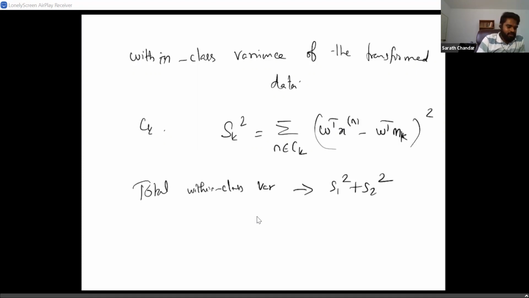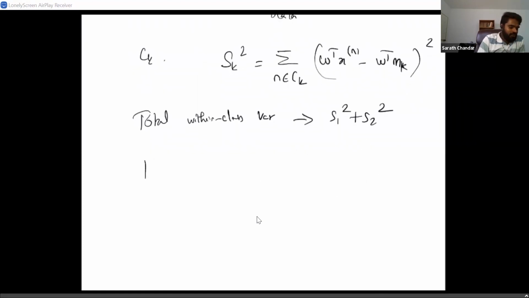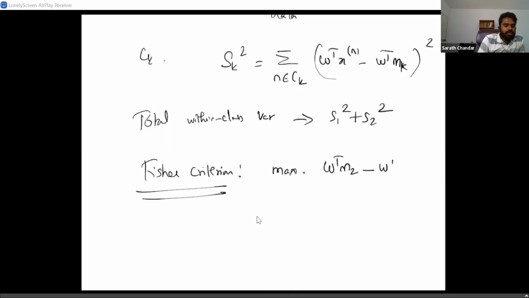Okay. So now we have the Fischer criterion, which is what we are trying to maximize. We want to maximize W transpose M2 minus W transpose M1, the whole square. This is the same as the previous objective function, but divided by S1 square plus S2 square.